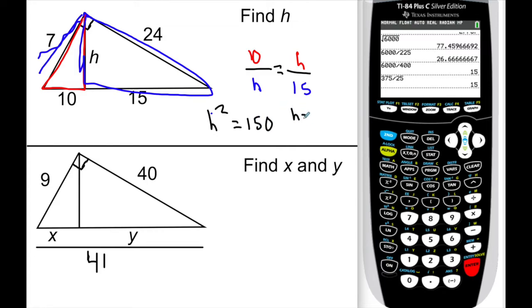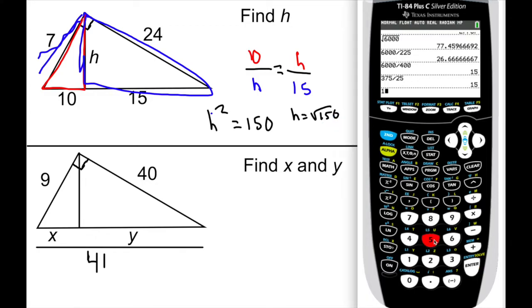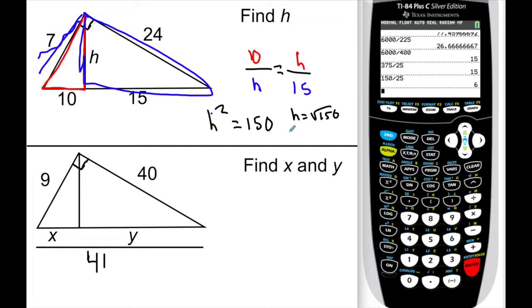So h is equal to the square root of 150, and that simplifies to 5 root 6. So we get 5 times the square root of 6.